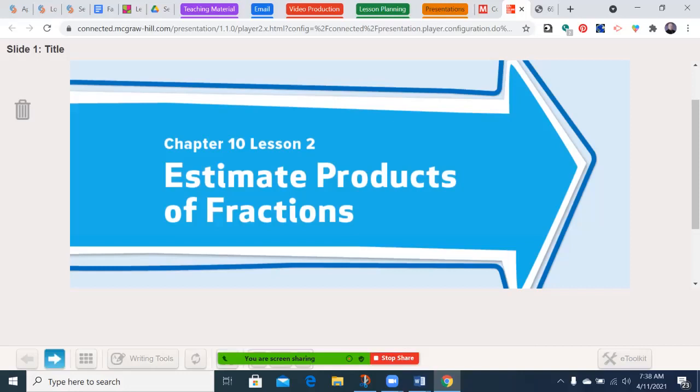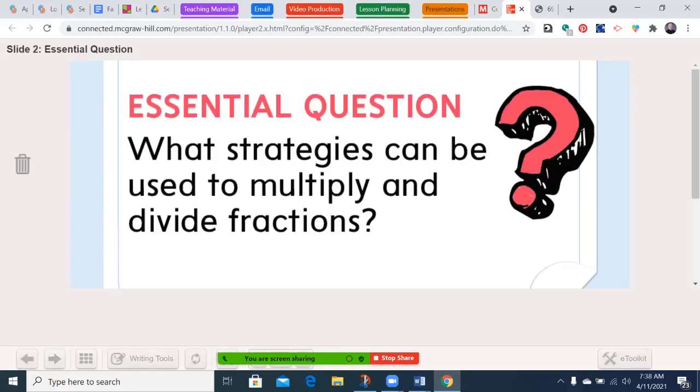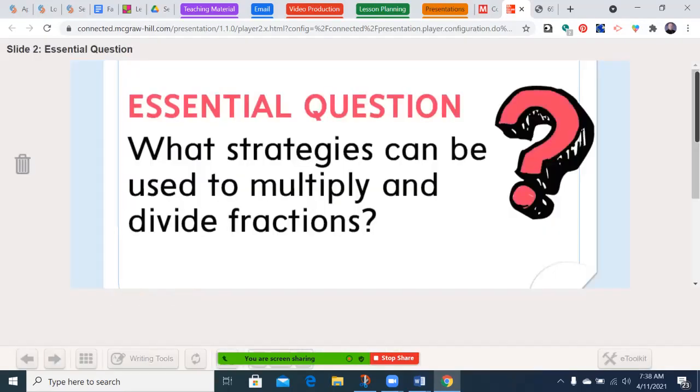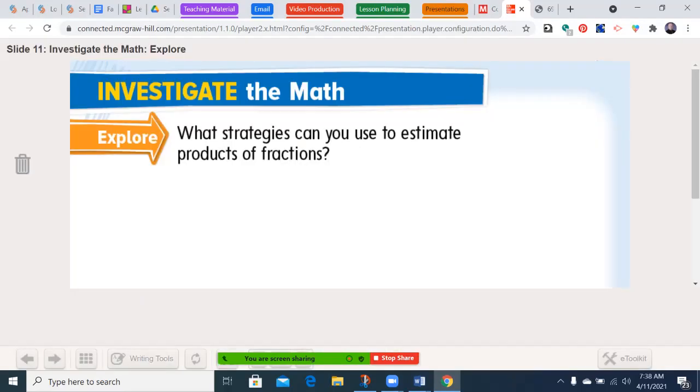The essential question here in Chapter 10 is, what strategies can be used to multiply and divide fractions? So I'm going to begin outside of the book. What strategies can I use to estimate products of fractions? Well, I could kind of use the bar diagram idea.